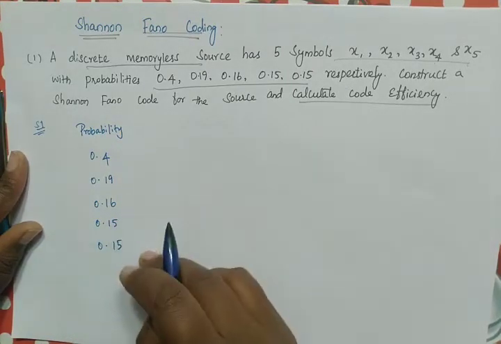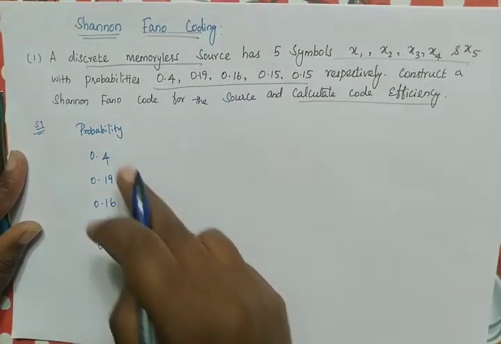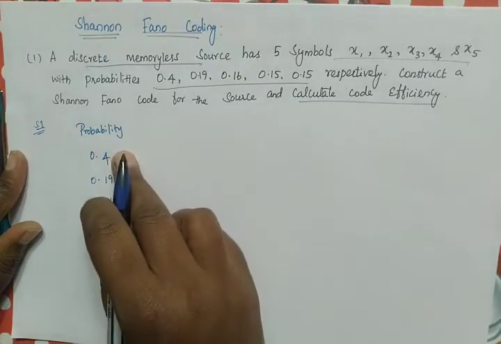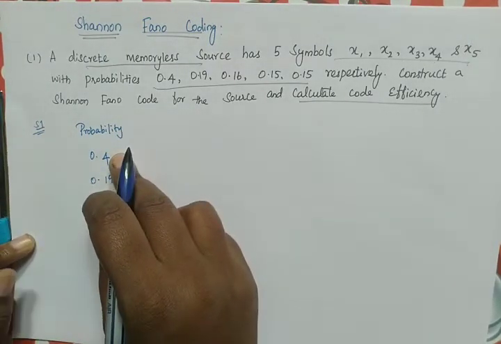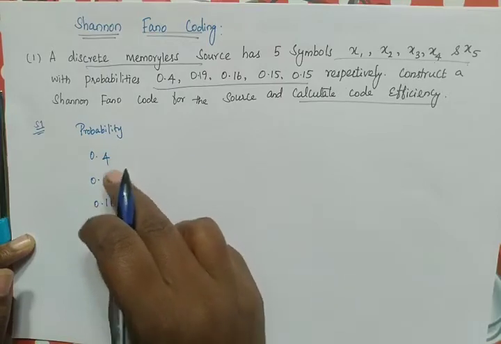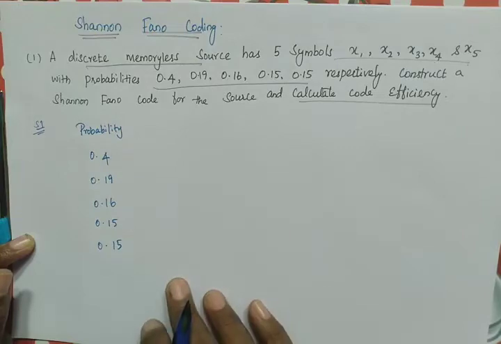So the numbers are already in order, but in the first step we have to write the numbers in descending order. So the first number should be the highest value, then compared to this, this should be lower, and compared to this, this should be lower. So this is step 1.